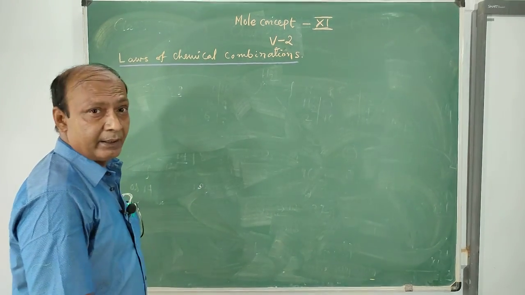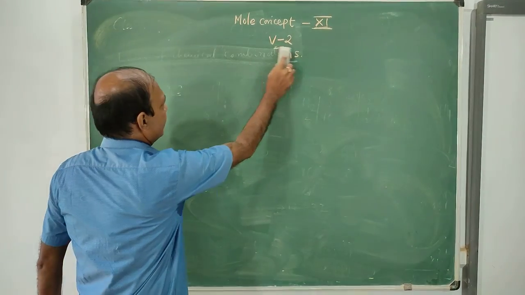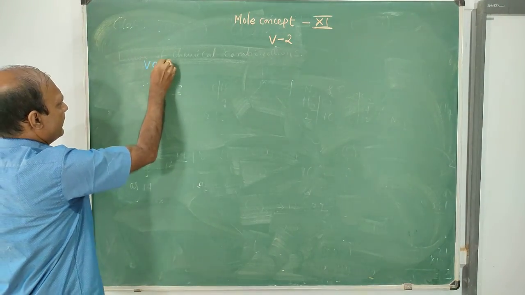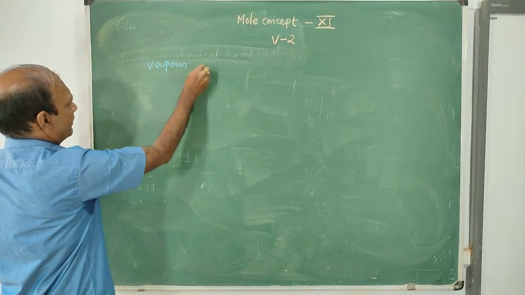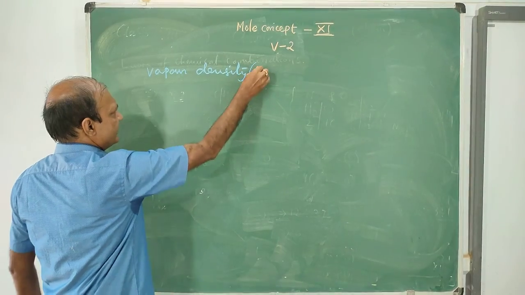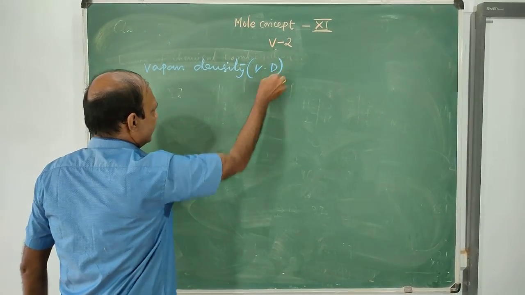Then you see vapor density. Another important point is vapor density. In short it is written VD.